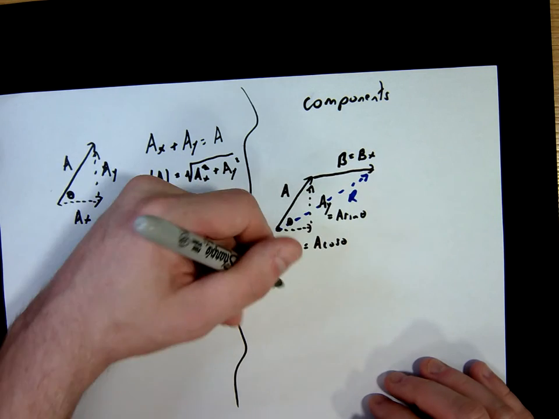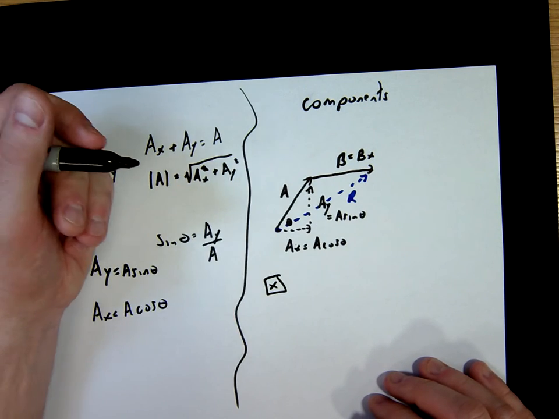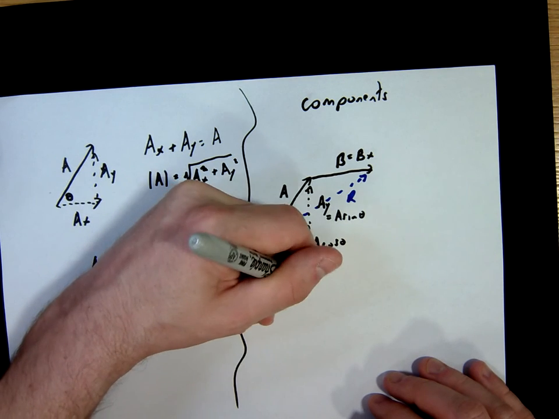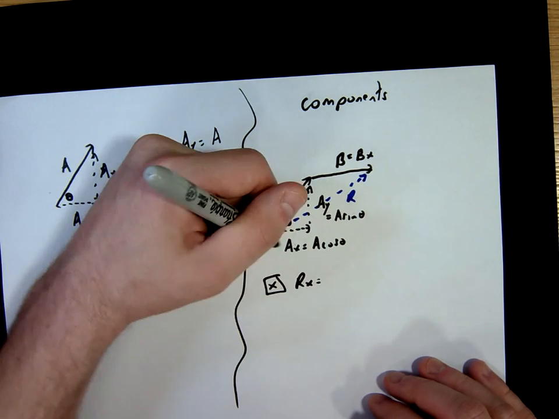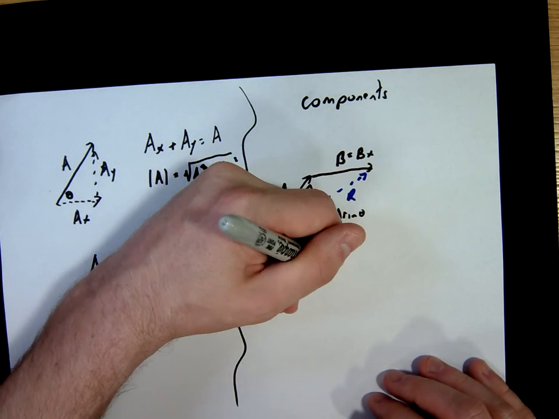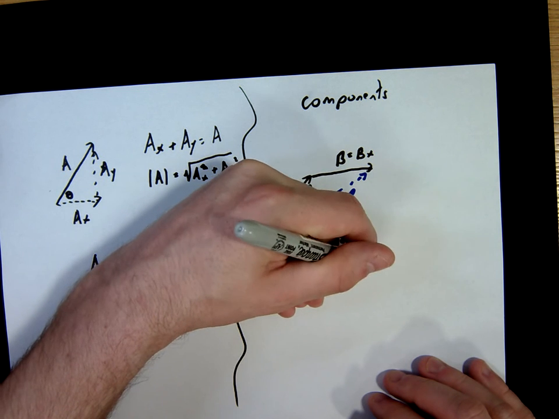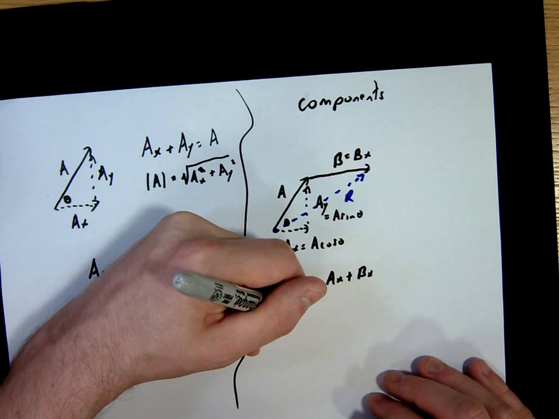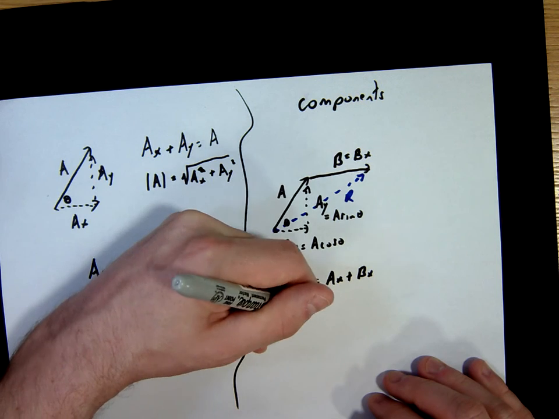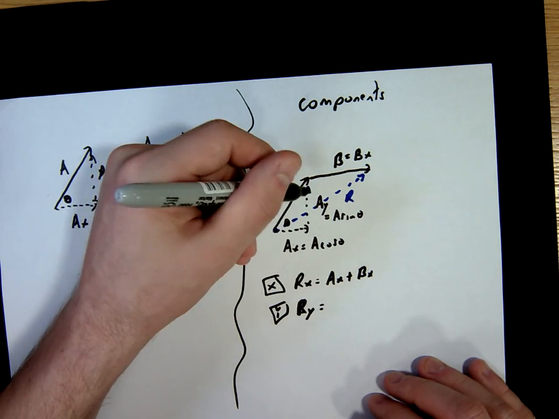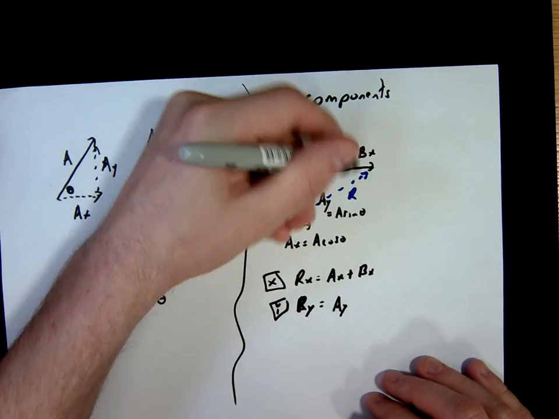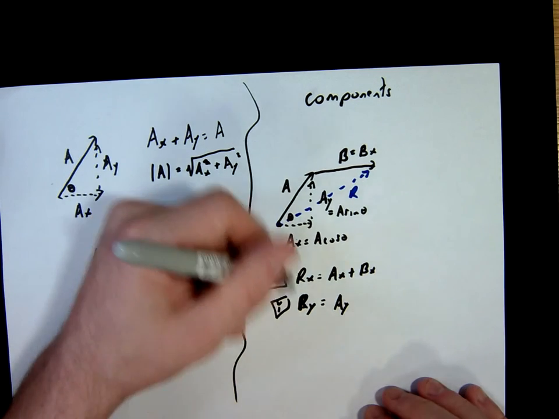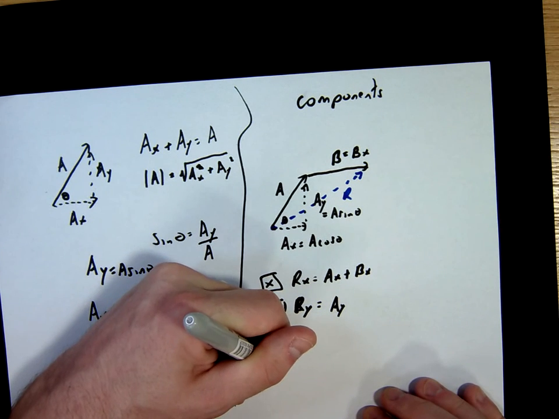So when I add up in the X direction, the resultant RX is equal to AX plus BX. And in the Y, RY is equal to AY, and there is no BY because it's 0, so it's just equal to AY.